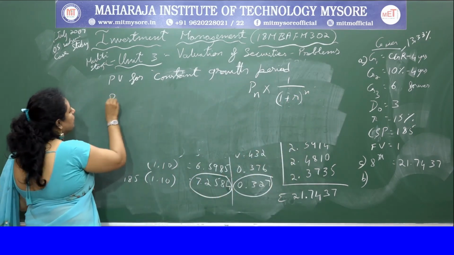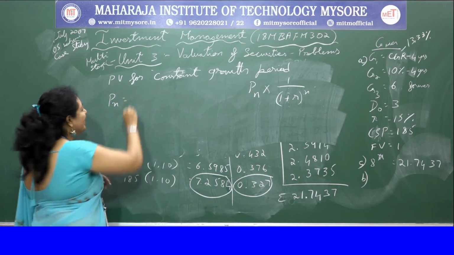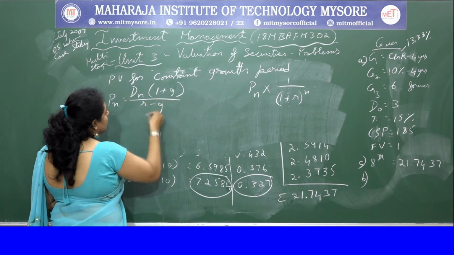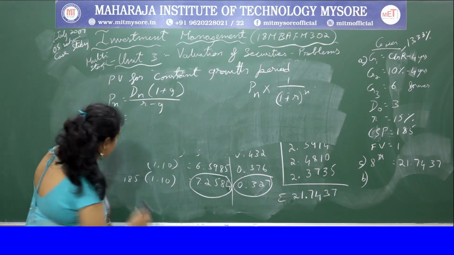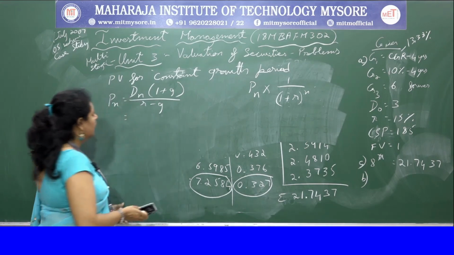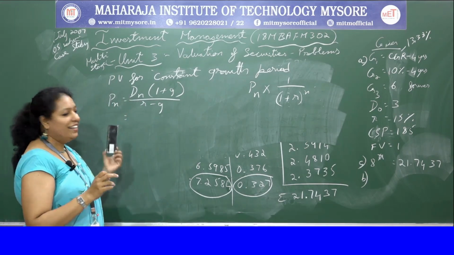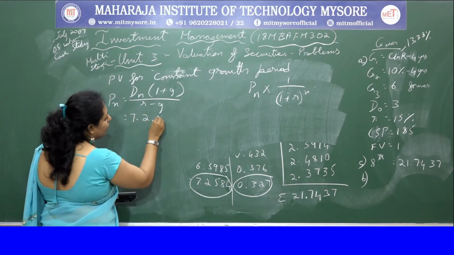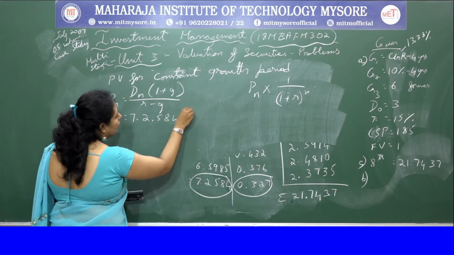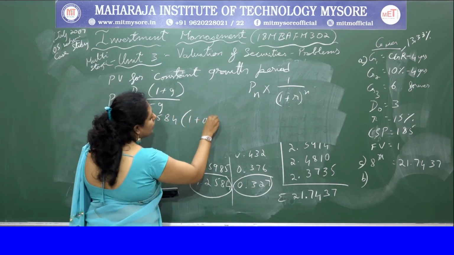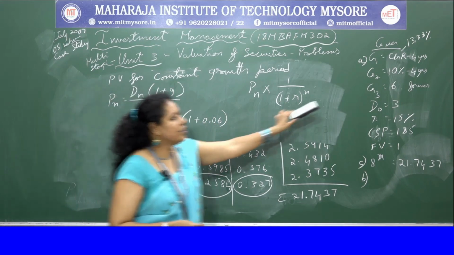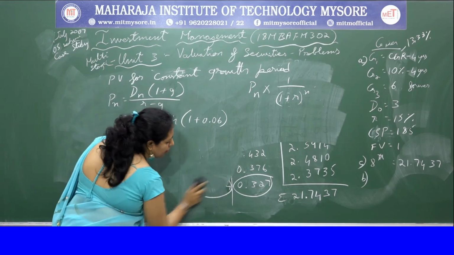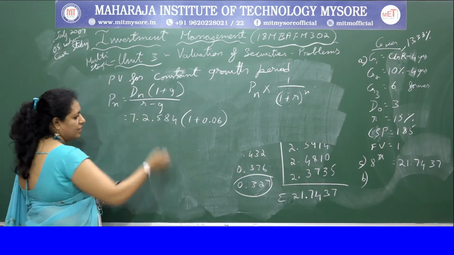Okay, for calculating Pn, again we have a formula, Dn into 1 plus g divided by r minus g. Now Dn, how much is Dn? Dn is the value which you have got here, 7.2584 into 1 plus 0.06. Growth rate is 6%. So I am taking 0.06. This you have understood, no? So I will revise this.